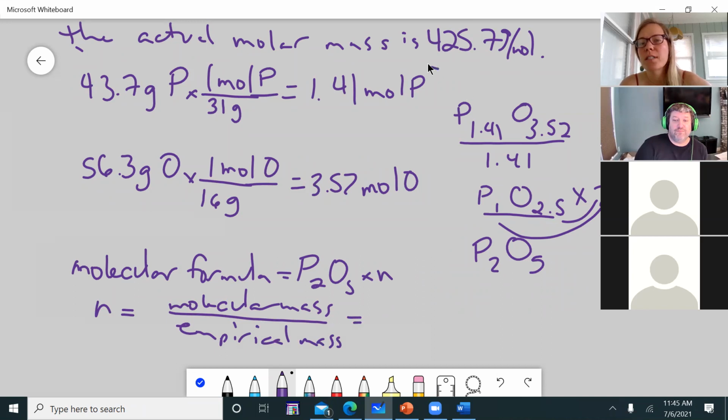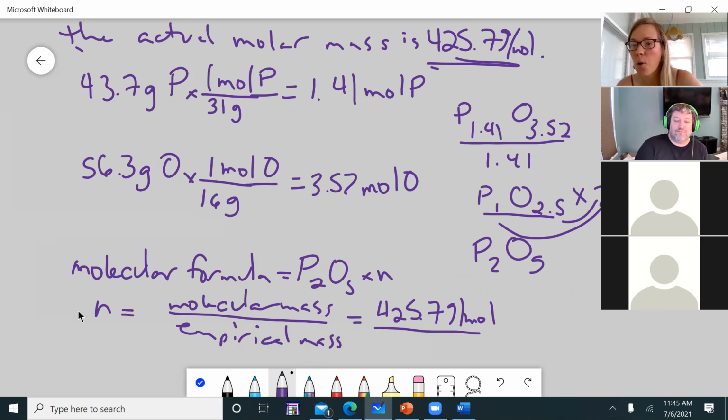Molecular mass is given to you. It's that big heavy one there, 425.7 grams per mole. Know that the bigger number should always go on top, and the smaller number on the bottom, so that N is a whole number.